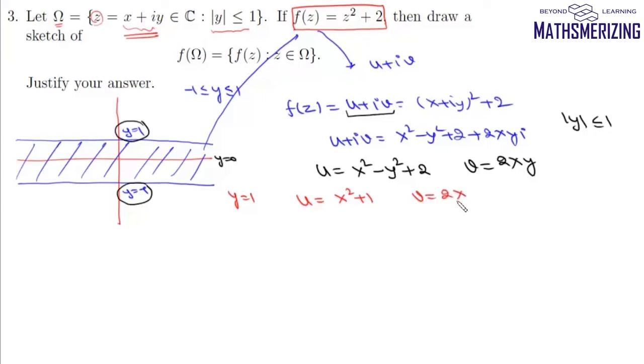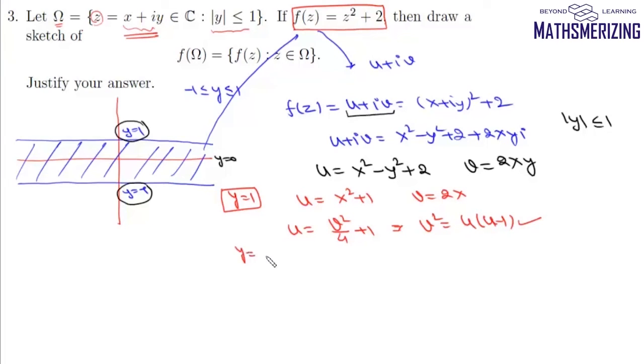So we can write this x as v by 2. So we'll write this as v square by 4 plus 1. So we'll get this parabola, which is v square equals 4u minus 1. So we'll take this boundary condition when the value of y is 1, and we end up getting this parabola, v square equals 4(u minus 1).